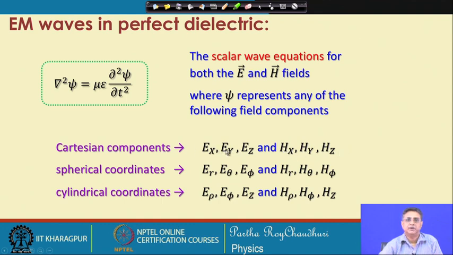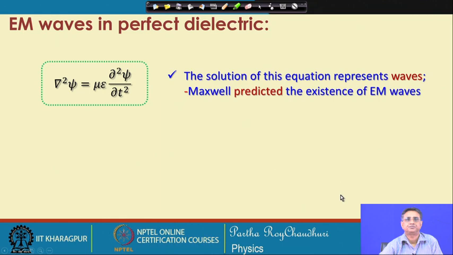The Cartesian components are given by E x, E y, E z and so on. In spherical coordinates these components will be E r, E theta, E phi, and in cylindrical coordinates it will be like this. Now, the solution of this equation represents waves.